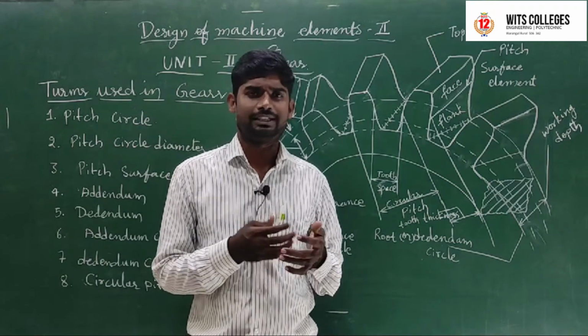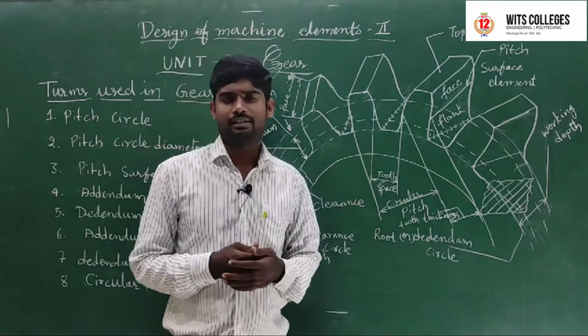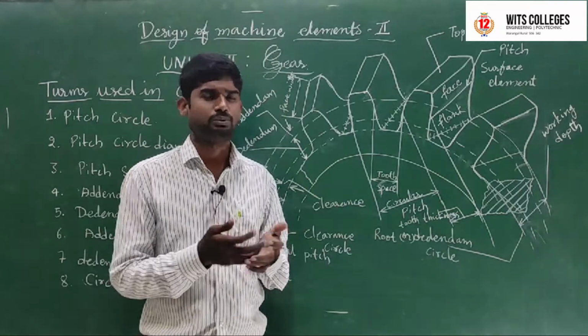In earlier classes we already discussed the classification of gears, what a gear is, what the uses of gears are, and what the types of gears are. Coming to gear nomenclature, the terms used in gears.